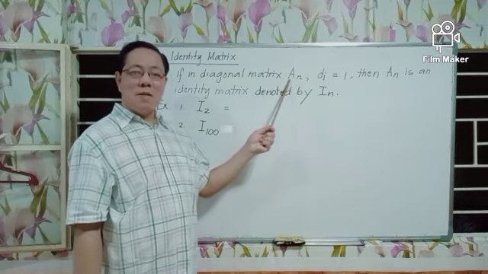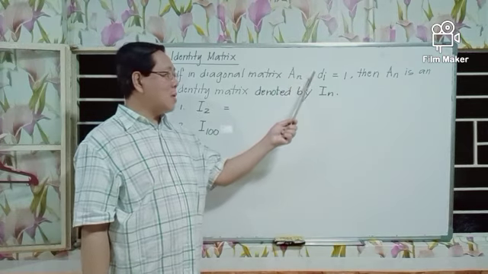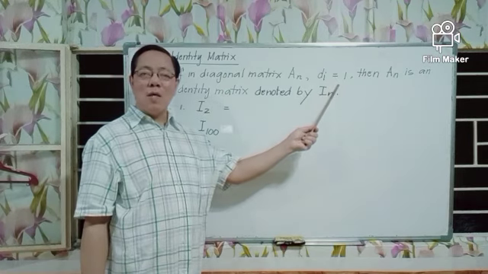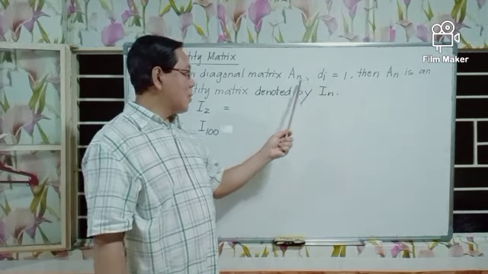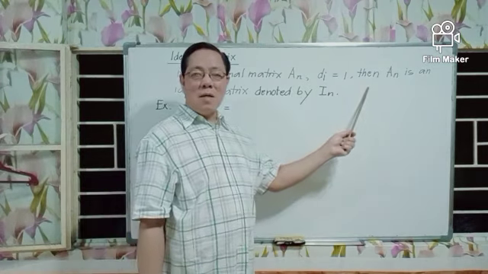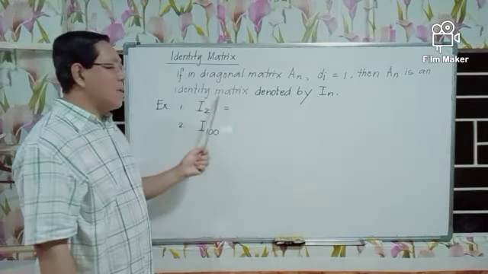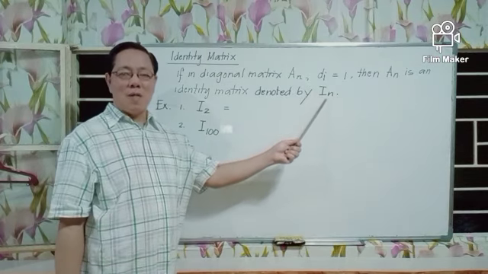And if the diagonal entries of A sub n denoted by d sub i, where i is 1 to n, are all equal to 1, for i is 1 to n, then the diagonal matrix A sub n is an identity matrix denoted by capital I with subscript n.